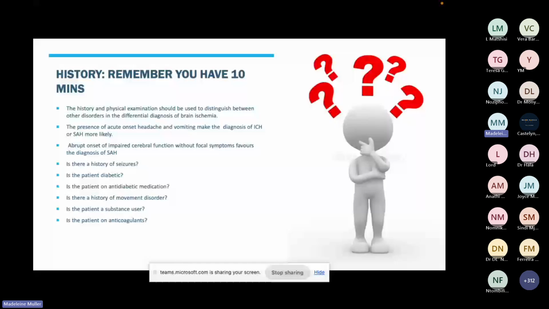You need to find out, is there a history of seizures? Is the patient diabetic? This could be like a hypoglycemia. Is the patient on any anti-diabetic medication? Is there a history of movement disorder? Is the patient a substance user? Is the patient on any anticoagulants?